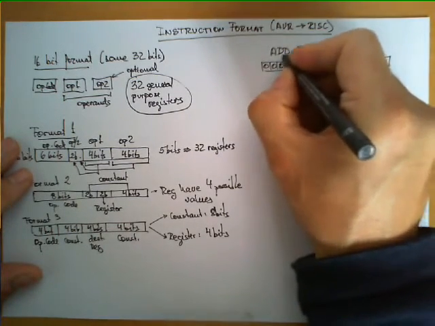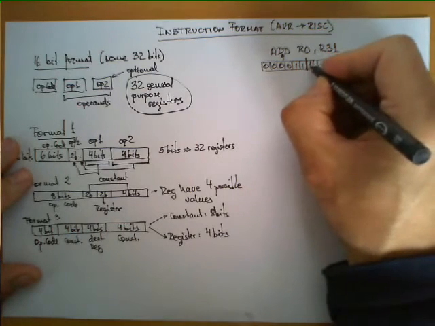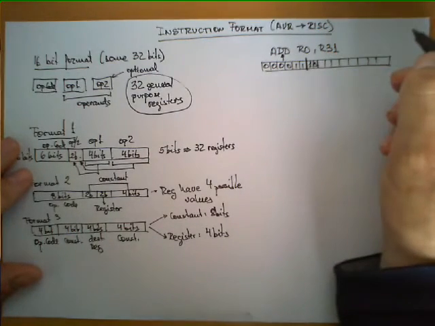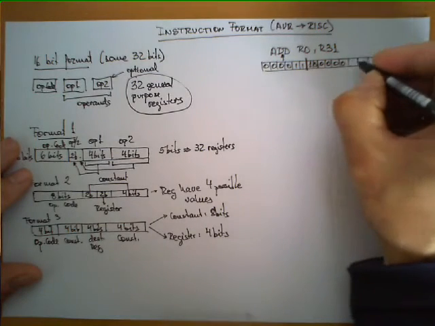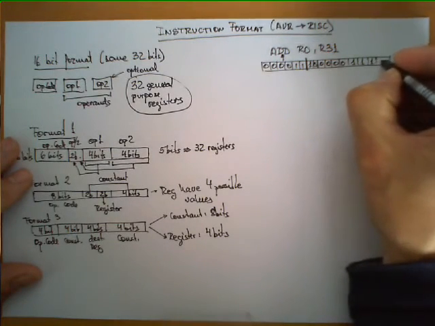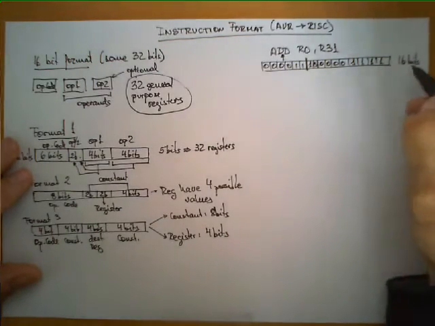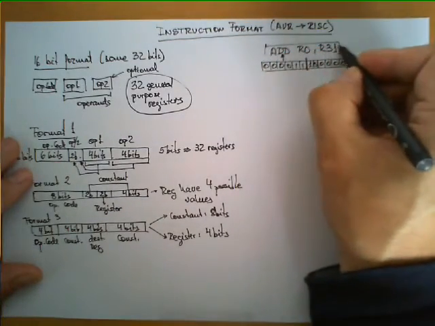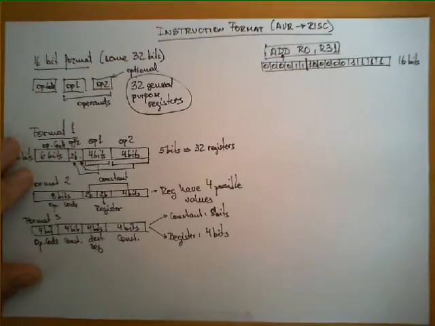That would correspond to the add. Then we have 2 bits, which I will explain shortly what they represent, and then we have 0000 and 1111. So this would be the representation in 16 bits of this instruction, which is part of the instruction set of the AVR architecture.